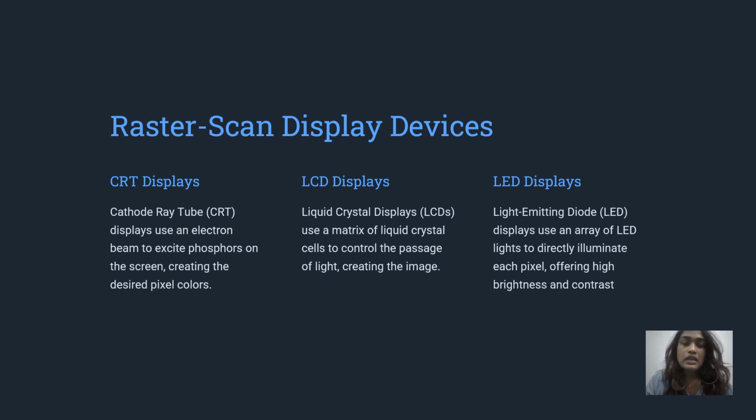LCD displays: liquid crystal displays use a matrix of liquid crystal cells to control the passage of light, creating the image. LED displays: light emitting diode displays use an array of LED lights to directly illuminate each pixel, offering high brightness and contrast. These are some of the really good devices which use raster scan.